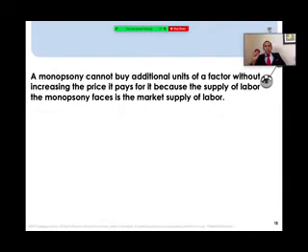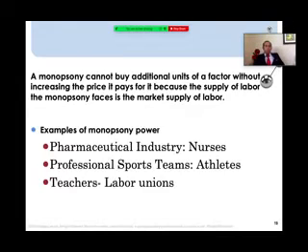So a monopsony cannot hire any additional units of labor without increasing the wage it pays, because the supply of labor is upward sloping. If you have an upward sloping supply curve, more people are going to want to work at a higher wage. They're also faced with a market supply of labor, and that labor could be either unionized or not unionized, but they still have to pay a higher wage if they really want to hire more people.